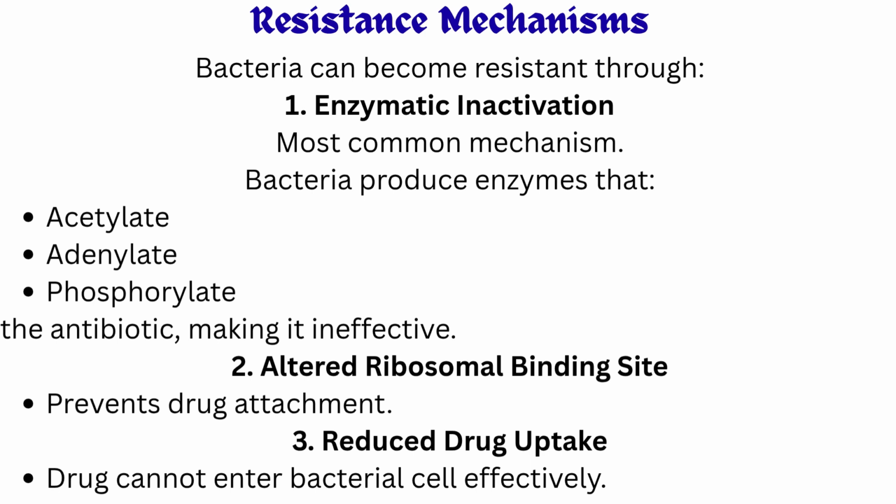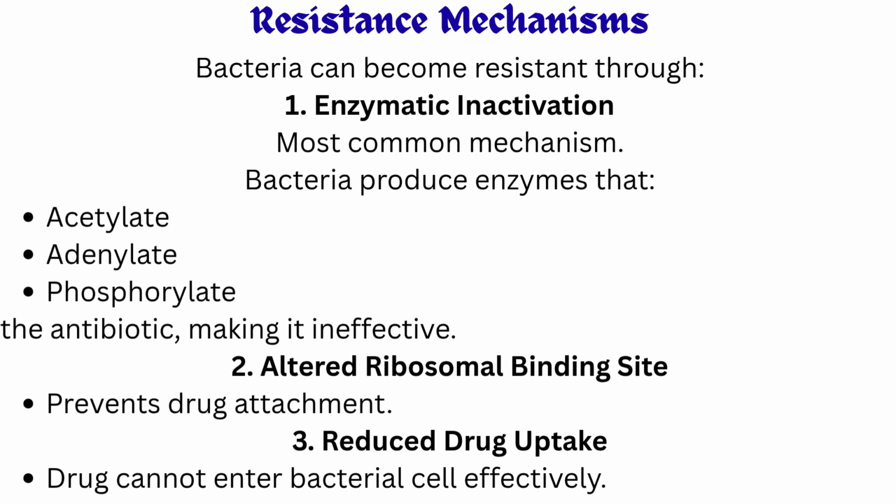Enzymatic inactivation. The most common mechanism of resistance is enzymatic inactivation. Certain bacteria produce enzymes that chemically modify the aminoglycoside molecule, making it inactive. These enzymes can acetylate the drug, adenylate the drug, phosphorylate the drug. Once modified, the antibiotic can no longer bind effectively to the bacterial ribosome, resulting in loss of activity.